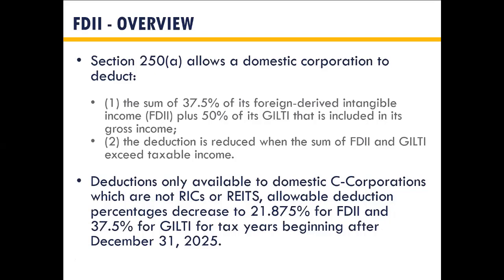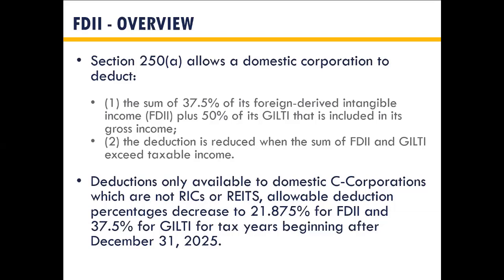It also does allow under Section 250 an additional 50% of something called GILTI that is included in its gross income. A discussion around GILTI is a little beyond the scope of our discussion today, but know that that's the stick portion of international tax reform, whereas FDII is the carrot and more the incentive.